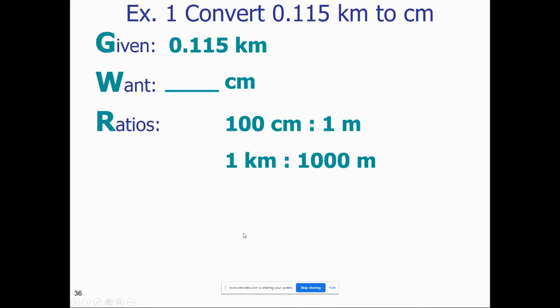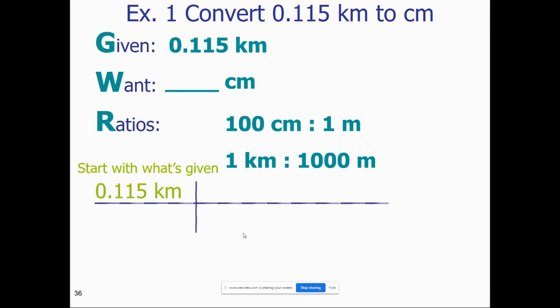So we're going to solve this problem like we've done every other problem. We're going to start by writing the given and stick it over 1 to remind you that these are fractions. Right now our unit is kilometers, but we don't want kilometers. We're trying to get to centimeters. Out of the two ratios that we wrote, we only have one that has kilometers in it. That's this one. So that's the one we're going to have to use.